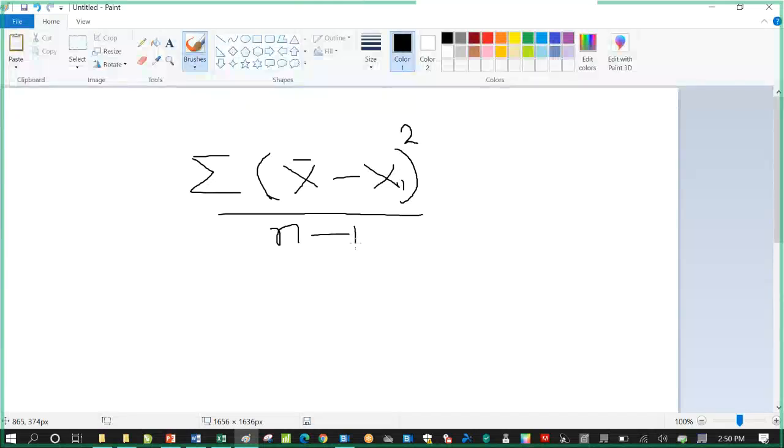Let me tell you one more thing here. This is the formula for variance when you are calculating sample.